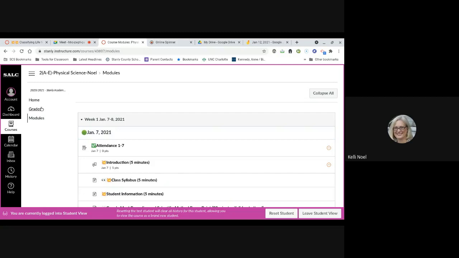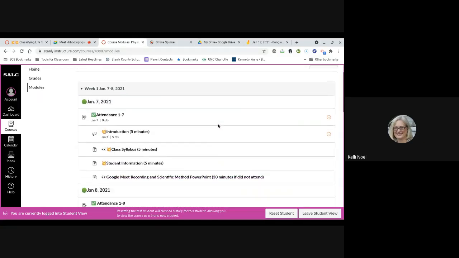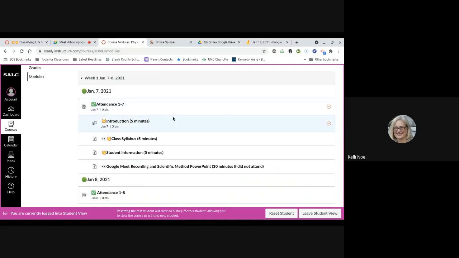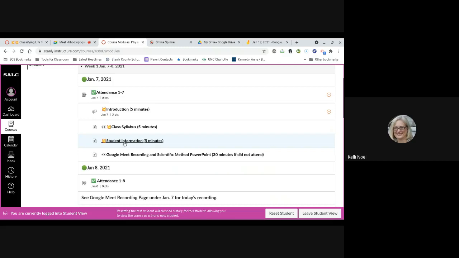and you just click on grades to see your grades there. From last week, there was an introduction, and that's graded because it has points there. There was a class syllabus you just have to read. There's no little pencil, or it doesn't have a due date underneath it, so it's something you read. This student information is just a form for you to fill out.